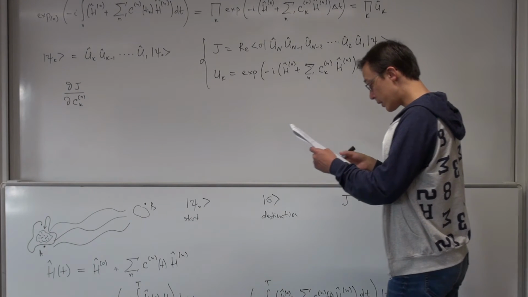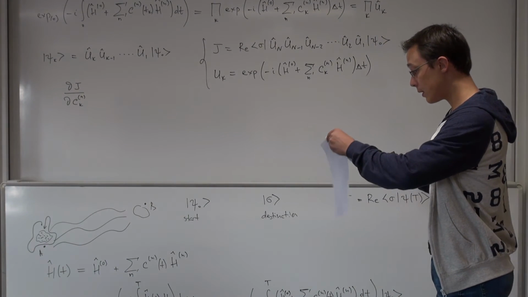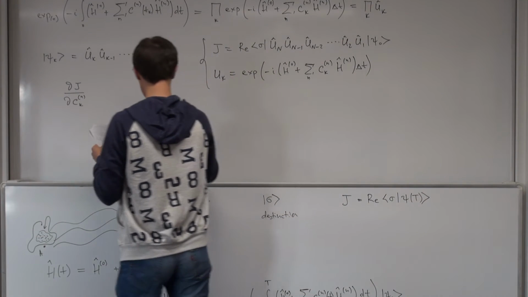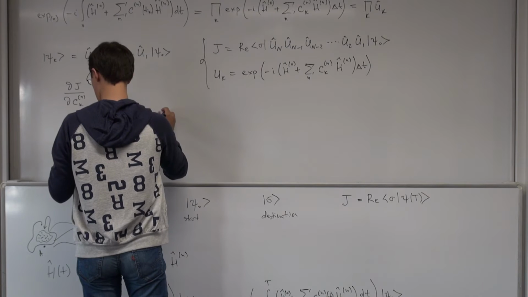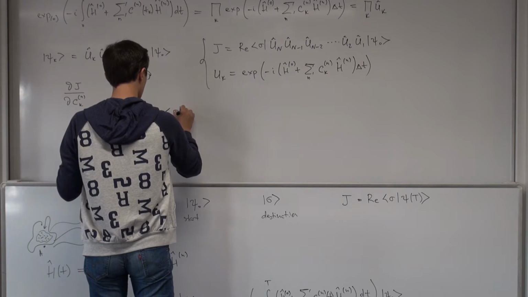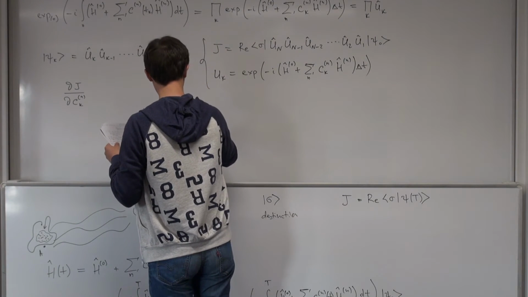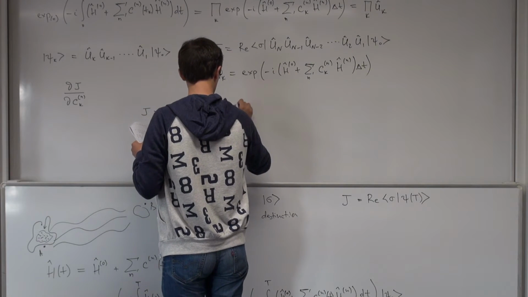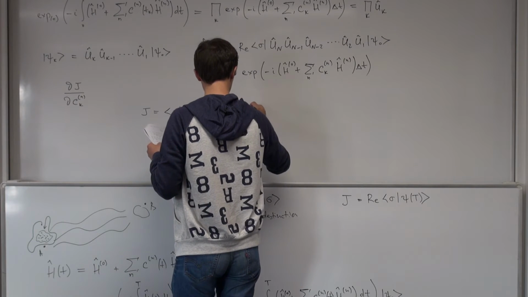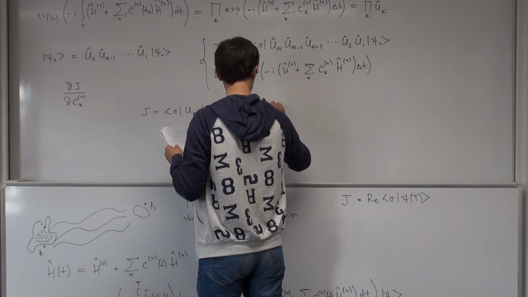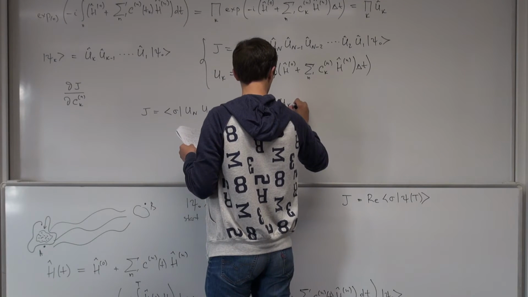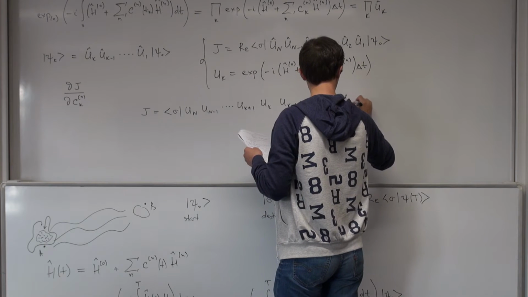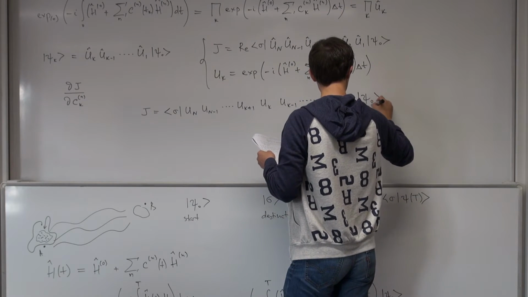And so when we write out neatly what it is that we actually require, I will write it out very carefully: sigma, U_n minus 1, U_k plus 1, U_k, U_k minus 1, U_2, U_1, psi 0.